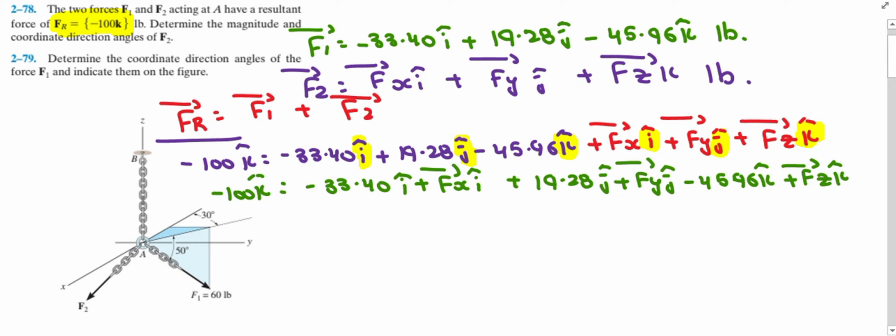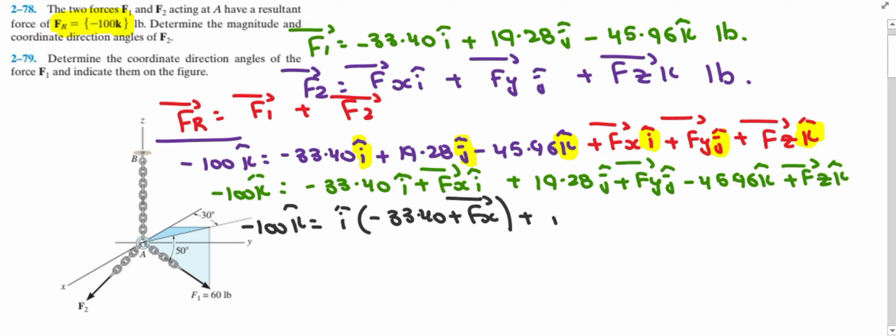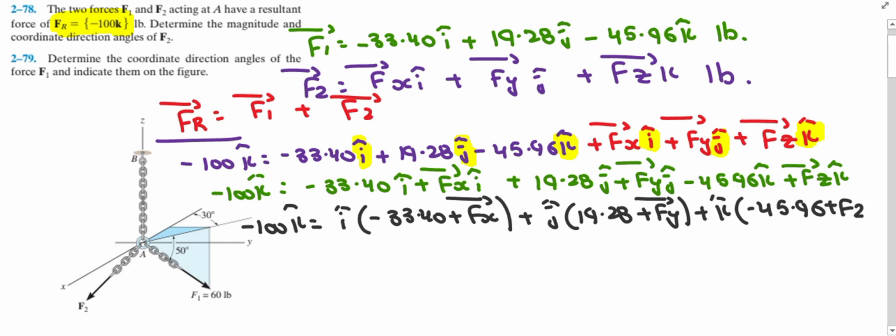So I'm going to take the unit vector common from each expression. So this becomes negative 100 k equal to i bracket negative 33.40 plus Fx, similarly plus j cap bracket 19.28 plus Fy, and similarly plus k cap with negative 45.96 plus Fz.